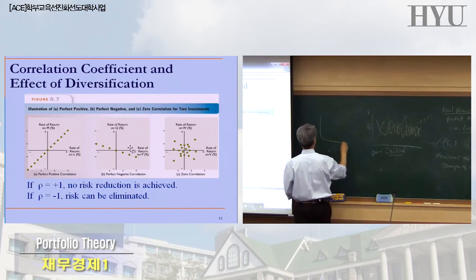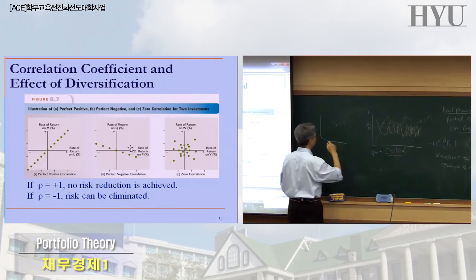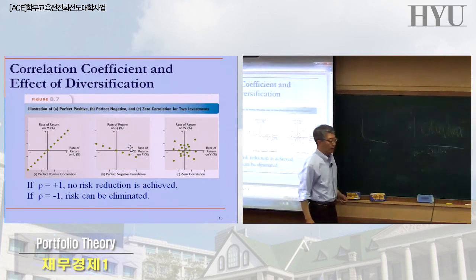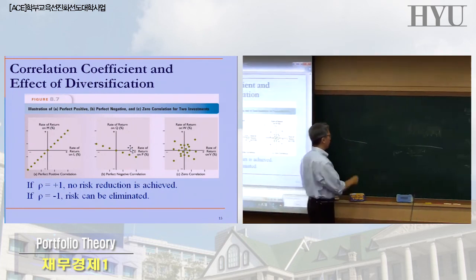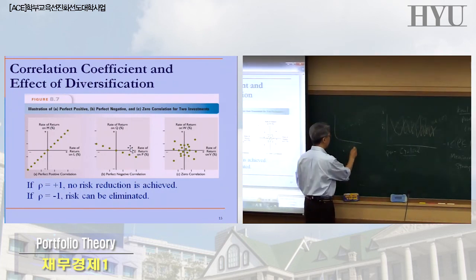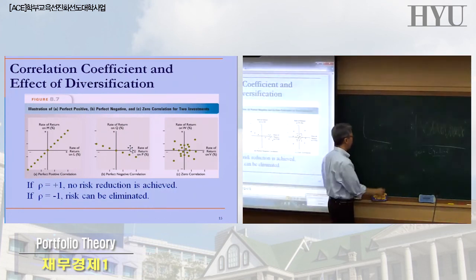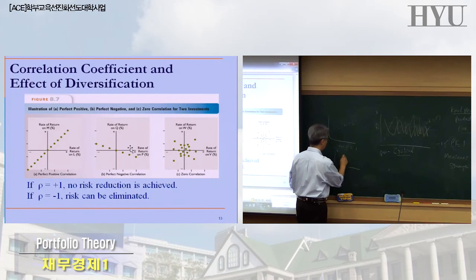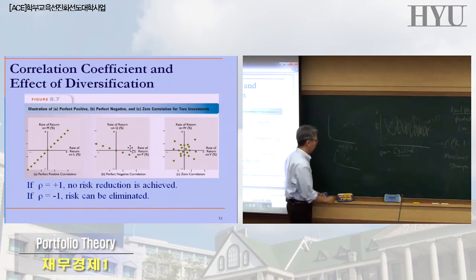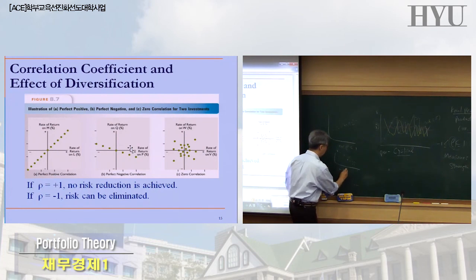If you have some positive correlation, but not exactly a straight line, then you're going to have something between 0 and 1, some positive correlation coefficient. If you have some negative correlation, but not exactly a straight line, then it's going to be between -1 and 0.